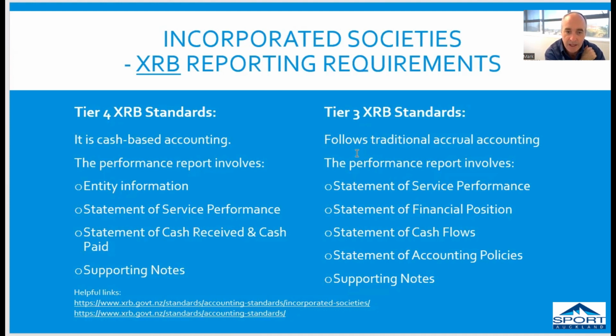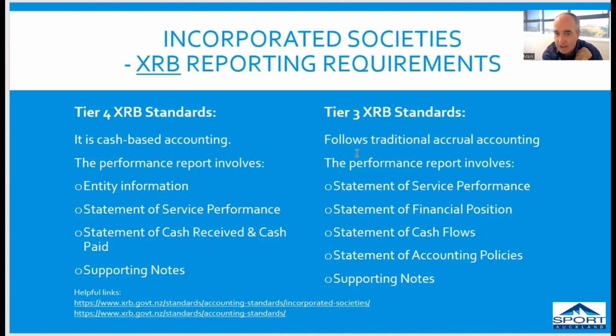A statement of service performance, that's basically the equivalent of a profit and loss statement or a statement of financial performance. It records what you've received and what you've spent. And then a statement of cash, so cash in and cash out, and the supporting notes.